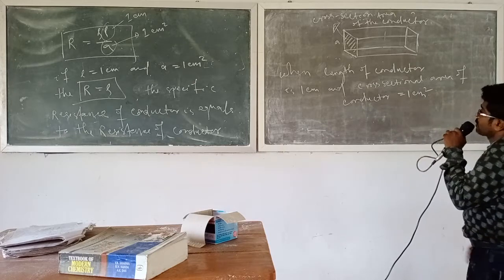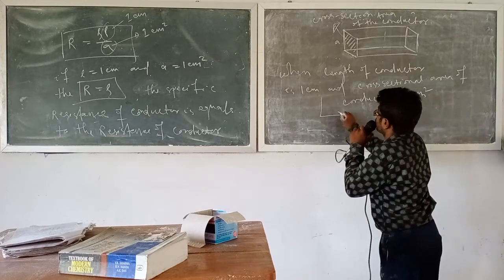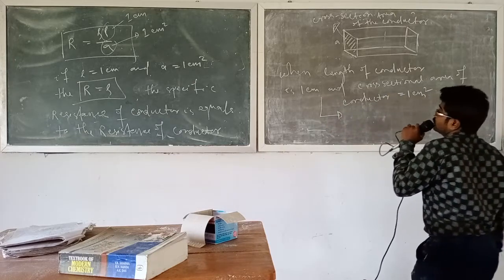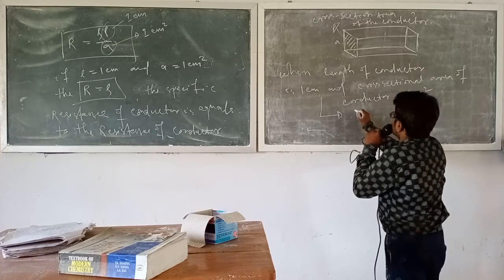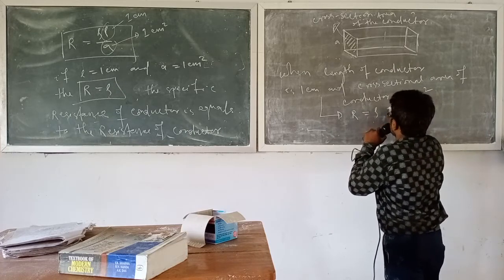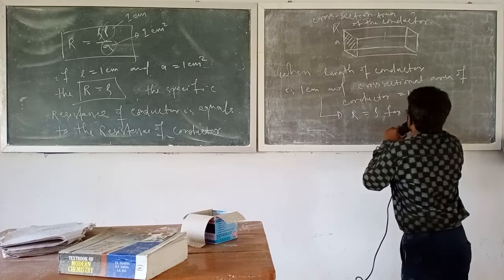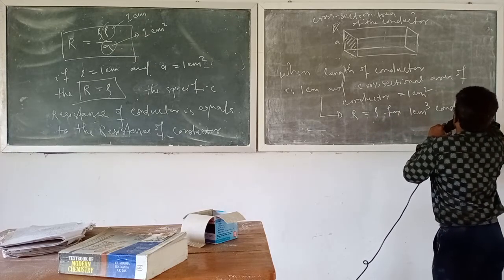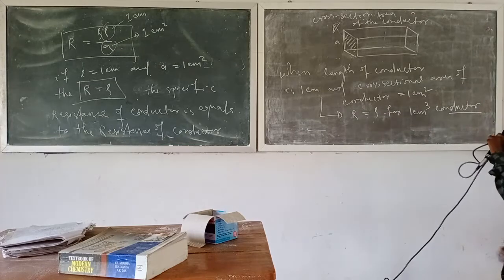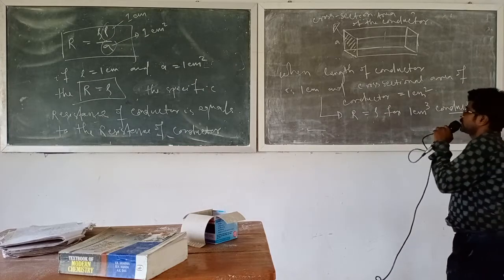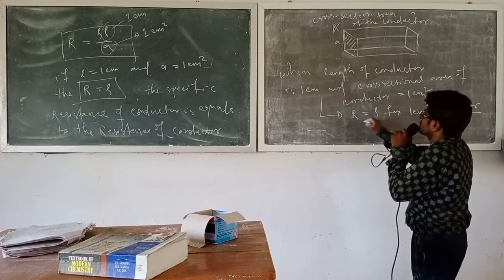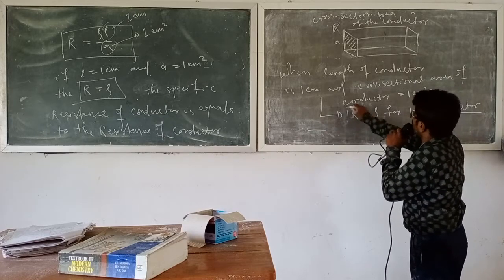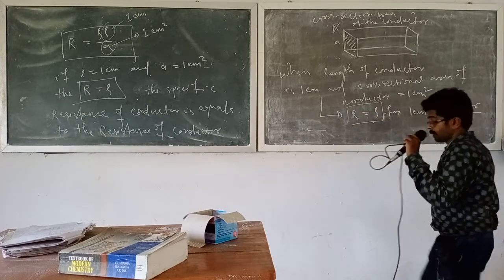That means resistance equal to rho for the 1 cm cube conductor. So for the 1 cm cube conductor, the specific resistance equals the resistance of the conductor. Okay.